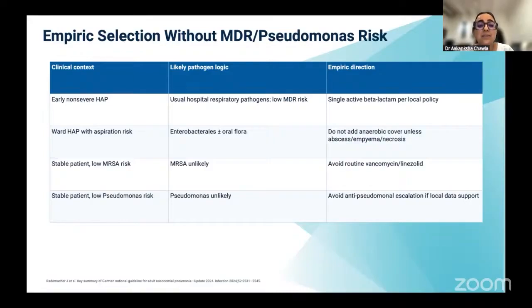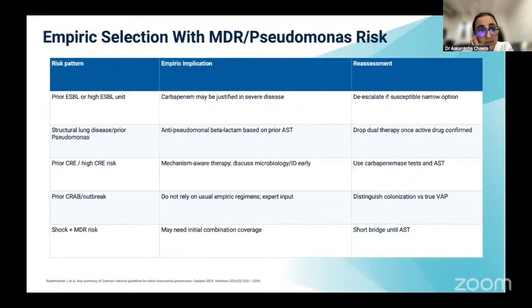Remember, in case of abscess and empyema, you need to achieve source control simultaneously, drain that empyema. Stable patient with low MRSA risk, avoid routine vancomycin or linezolid cover. Stable patient with low Pseudomonas risk, avoid anti-Pseudomonal escalation if your local data supports.